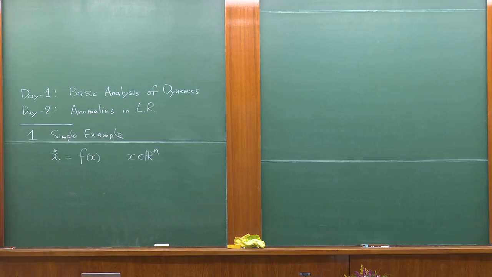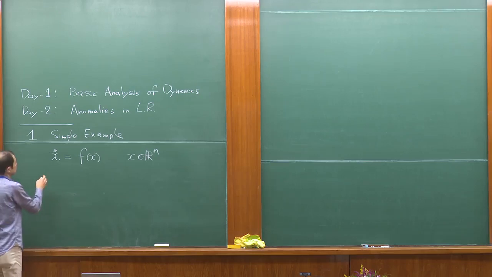This is a very generic system, so there is no distinction between short range or long range. So anyway, how to analyze this system?